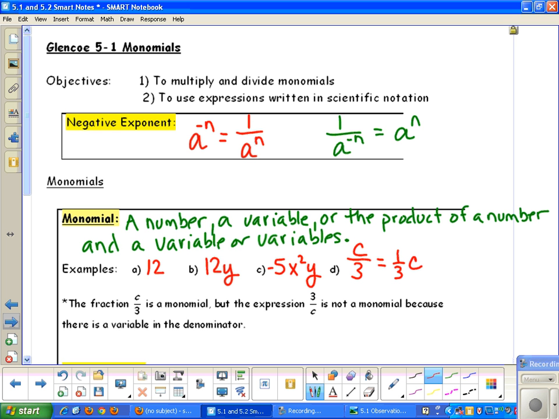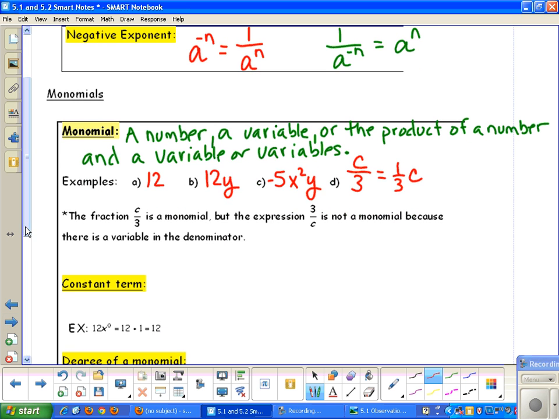So I know that c over 3 is a monomial, but if we were to do it the opposite way and do 3 divided by c, this would not be a monomial term because there's a variable in the denominator, and monomials are not allowed to have variables in the denominator, nor can they have any variables underneath of a radical.